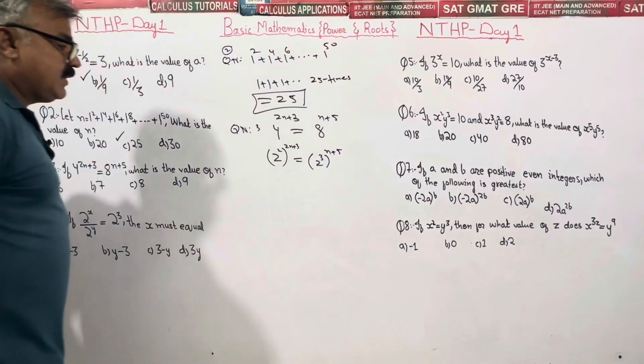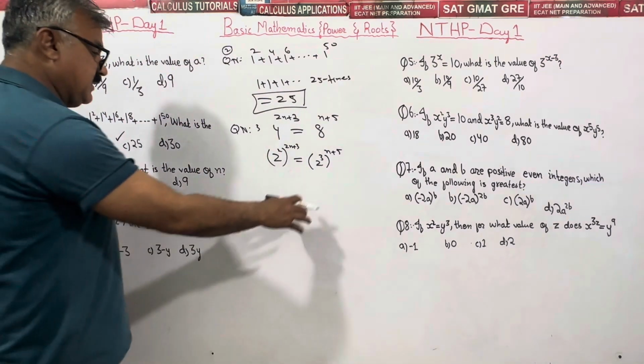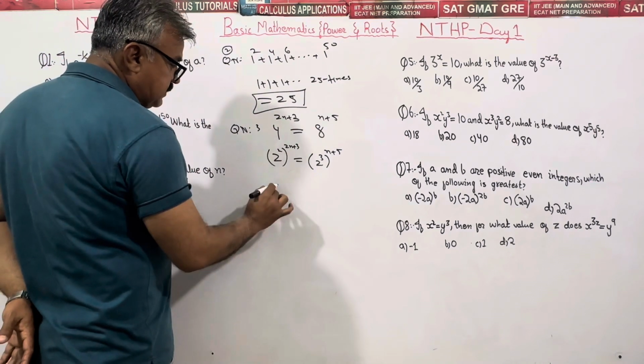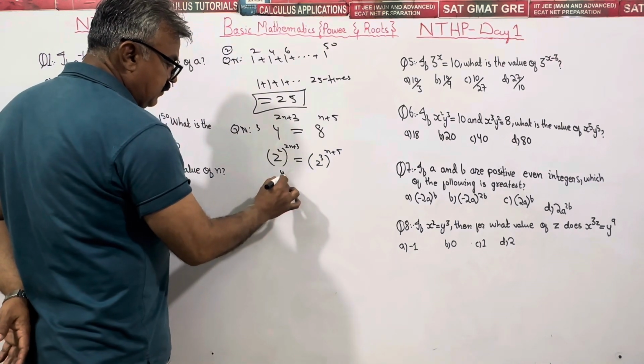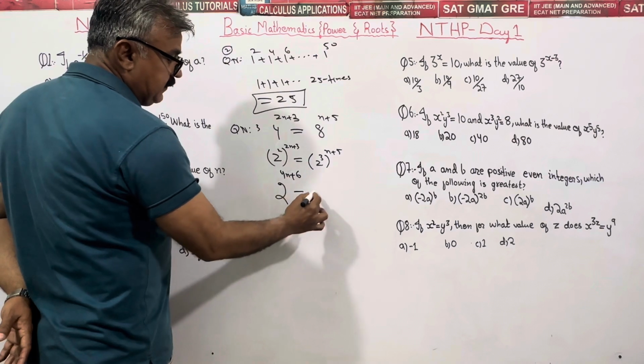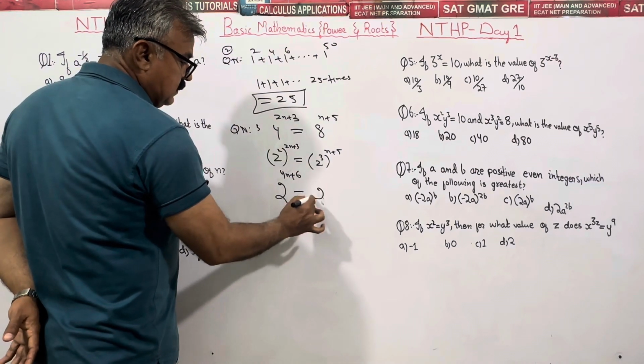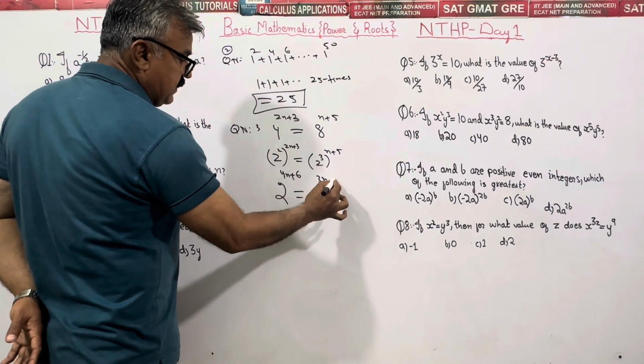Now bases are equal, the equality symbol is there, therefore powers are equal. Just simply manipulate the powers. 2 times 2n is 4n, 2 times 3 is 6. And on the other side, 3n, 3 times 5 is 15.